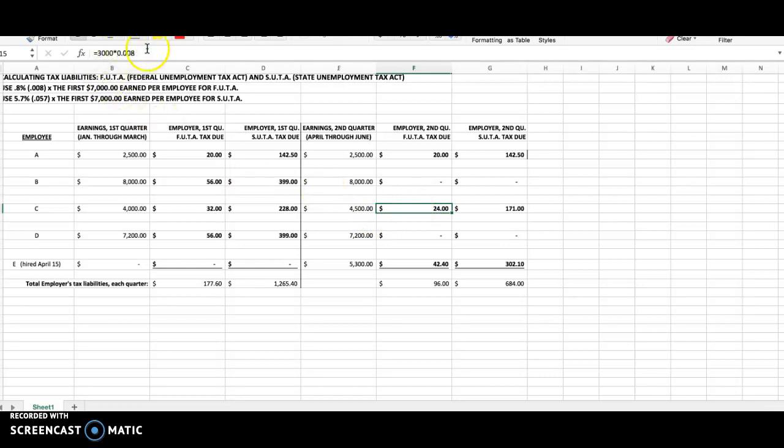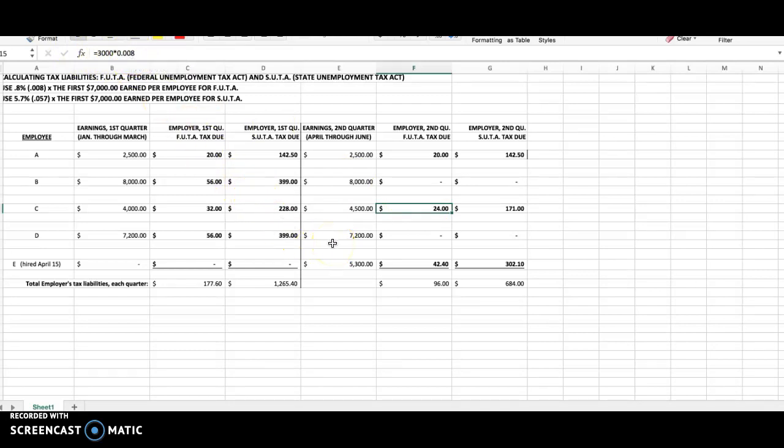So this formula shows 0.008 times 3,000. And again, the state is the same calculation, only a different percentage used. So that's the critical amount. Once an employee gets to $7,000 and this employee is over that, we only use the amount of money needed to get to $7,000. That's why the formula uses $3,000, not the $4,500.